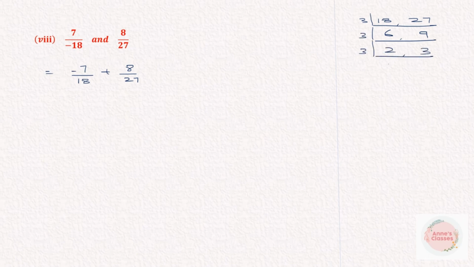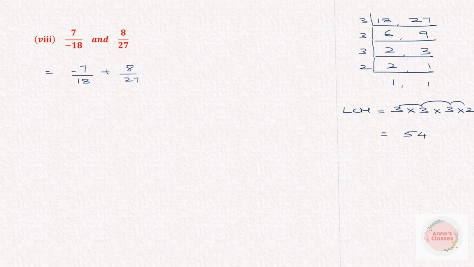Continue with 3. Bring down the 2, 3 1s are 3. Now use 2. 1 and 1. So what is our LCM? 3 into 3 into 3 into 2. 3 3s are 9, 9 3s are 27, 27 into 2 is 54. So our LCM here is 54.